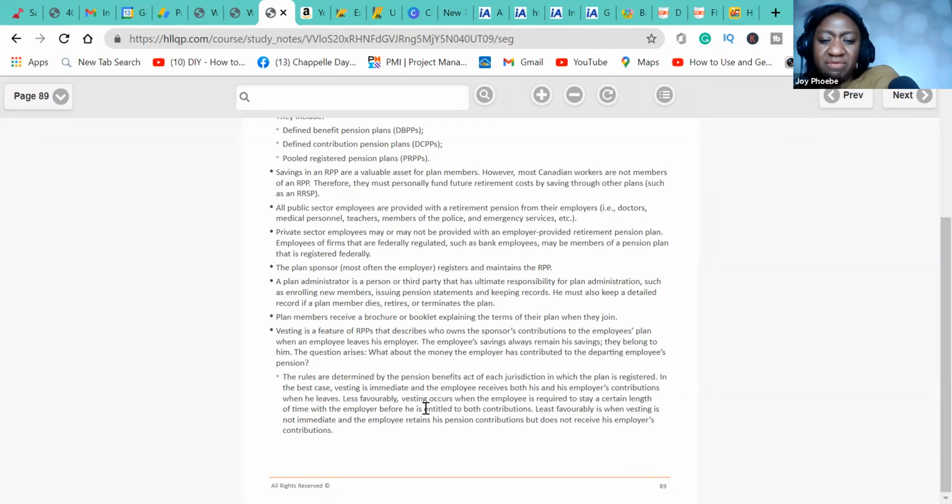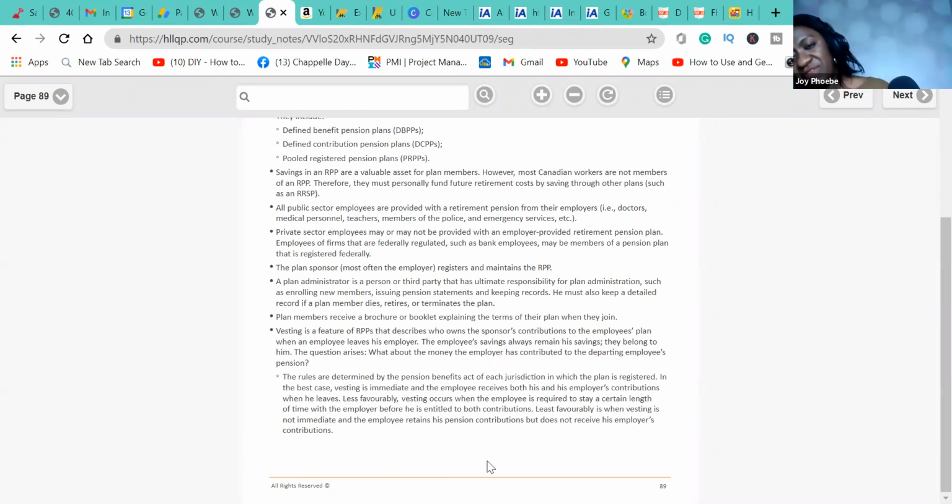Less favorably is when vesting occurs when the employee is required to stay a certain length of time with the employer before he's entitled to both contributions. So those are the things we need to look at for the exam, because if the vesting period is immediate, of course, when the employee leaves his or her employer, he will be eligible to take both the employer contribution and his or her own contribution.